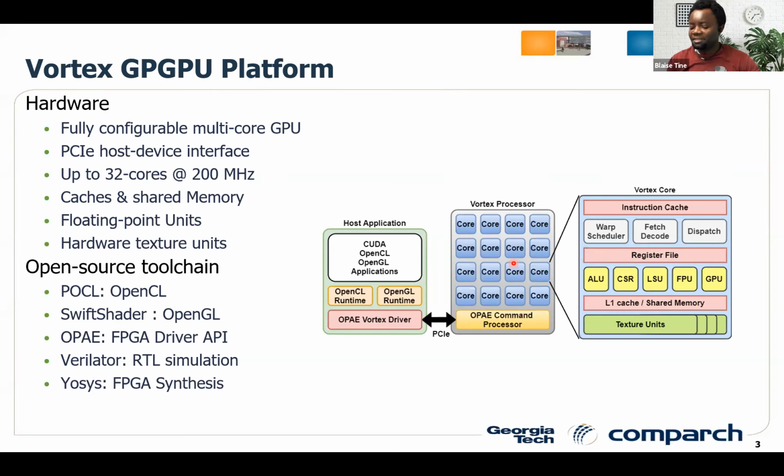So it operates similarly to an AMD or NVIDIA GPU. It integrates caches, a shared memory, a floating point unit, and the additional hardware texture unit. We have tried to make the entire platform open source. The OpenCL that we're using is open source. The driver stack is also open source. The RTL simulator, as well as the synthesis tool, we support Vivado as well, but you could also use Quartus as well.